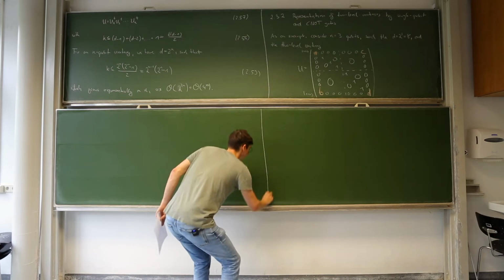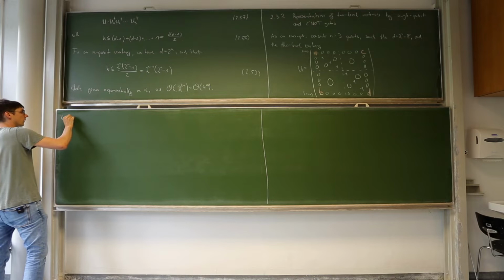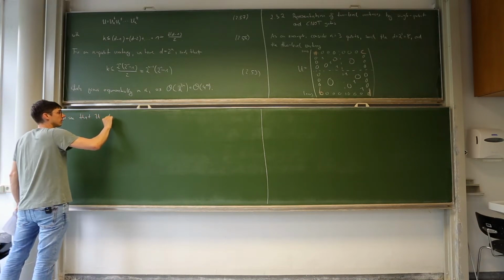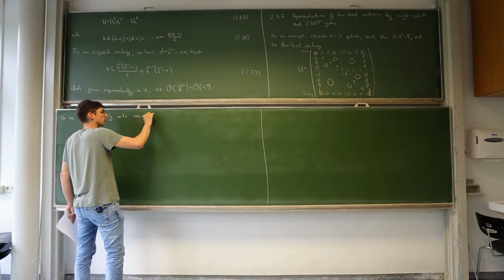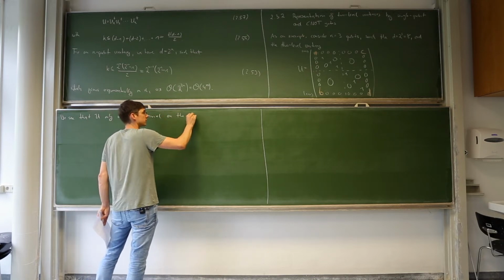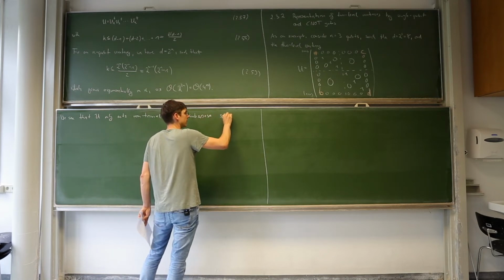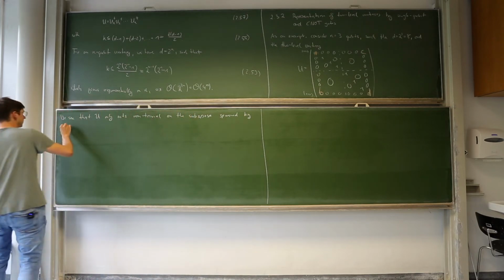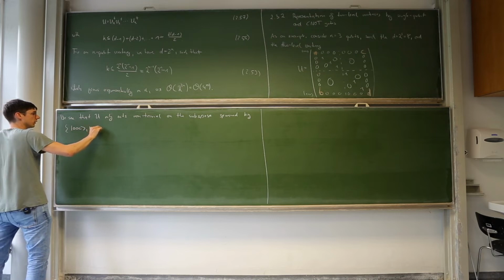So what we see here is that U only acts non-trivially on the subspace spanned by the basis states 0, 0, 0 and 1, 1, 1.